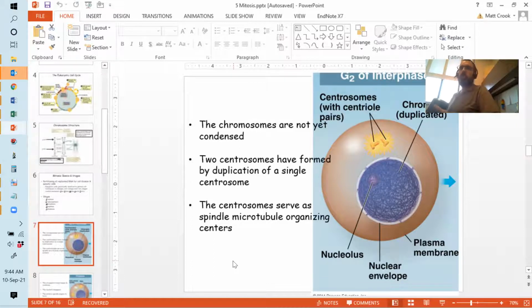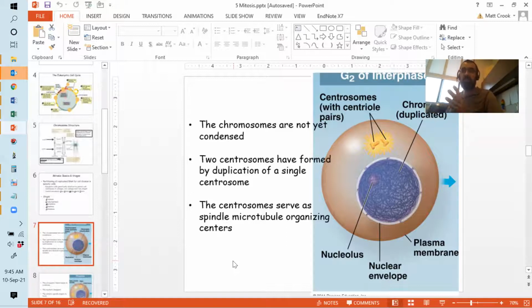Okay, so this is your dividing cell, right? It's already committed to dividing as a G2. It's duplicated the chromosomes. The centrosomes have duplicated in G2, chromosomes in S phase. Now, just to get you thinking, what needs to happen next?